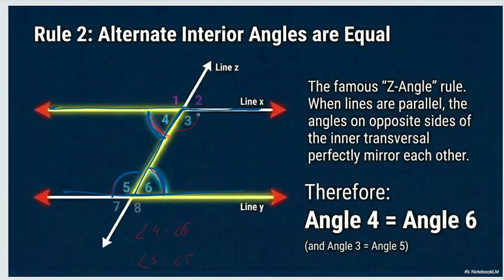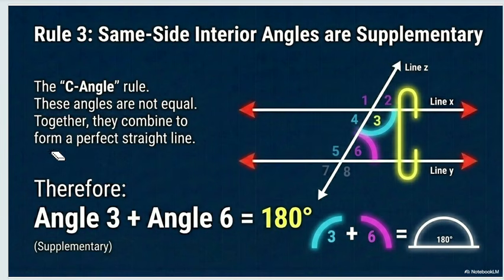So angle 5 and angle 3. So got it now? That is how you identify the alternate interior angles, and in the case of parallel lines, these two angles are equal. Angle 4 is equal to angle 6 and angle 5 is equal to angle 3.